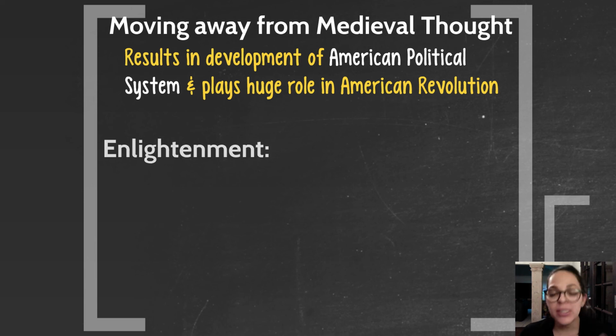All of this is going to result in the development of the American political system as we know it, and the belief that people had certain rights is essentially going to play a huge role in the American Revolution and the justification for breaking away from Britain.